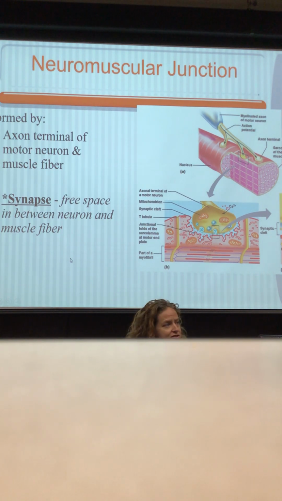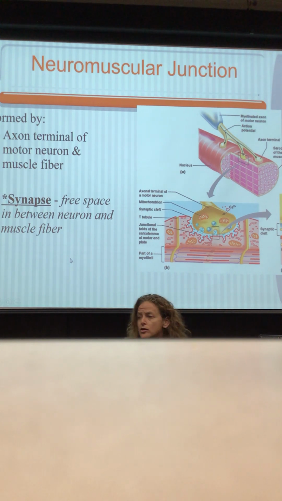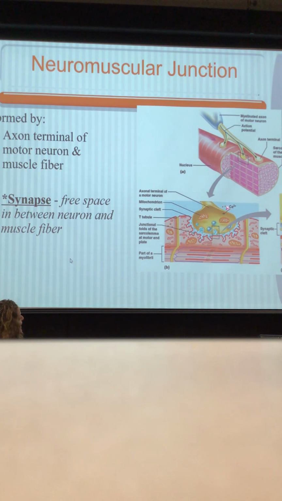There's a space called a synapse. Here we zoom in on where the nerve, the yellow thing, comes down to the muscle, and we see that between the end of the nerve and the muscle is a space. That space is called the synapse.